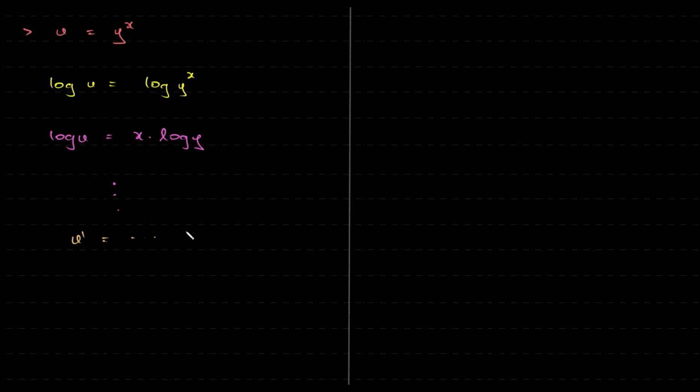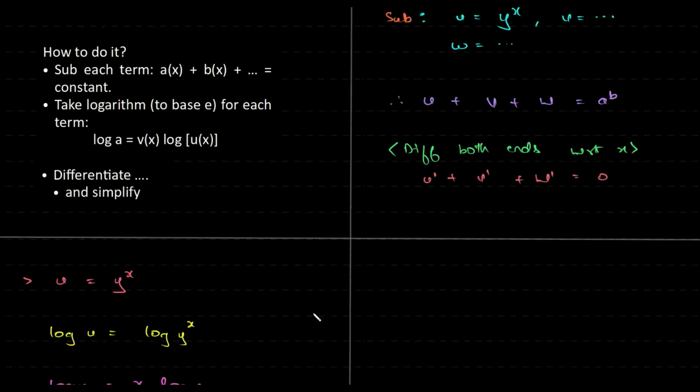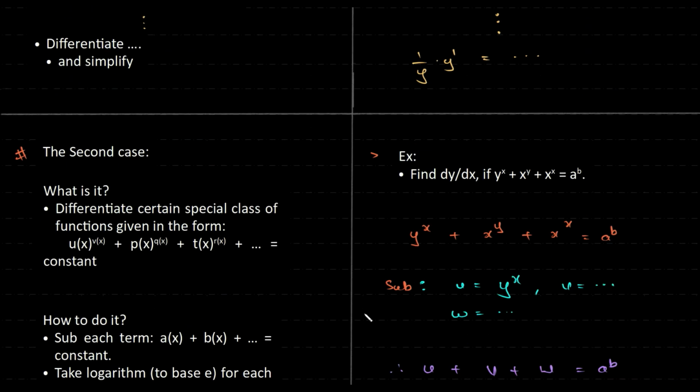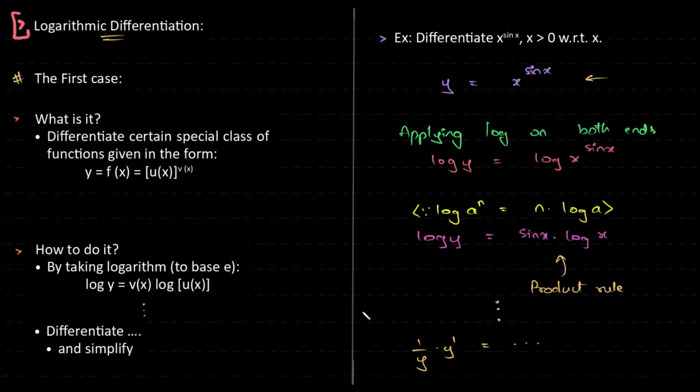So you get an expression, then you solve for v prime, then you solve for w prime, and then substitute all of them into the first one. After a bit of simplification, we have the answer. So this is the introduction to both the scenarios.